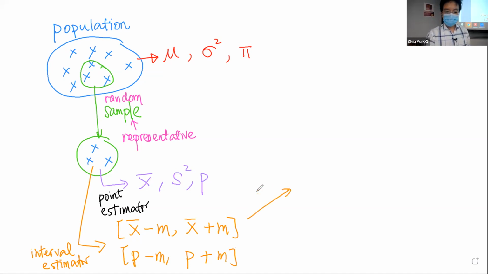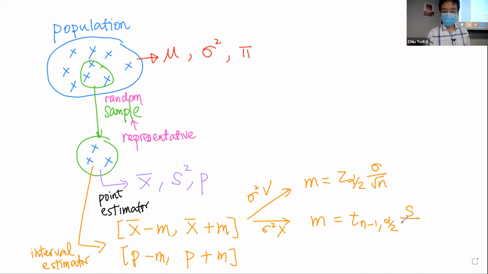If you know sigma square, M will be just Z alpha over 2 times sigma over root N. If you don't know sigma square, then M will be t with N minus 1 degrees of freedom at alpha over 2, times S over root N. The idea is a bell curve. I'm not going to repeat it, but you can check back to be very clear.